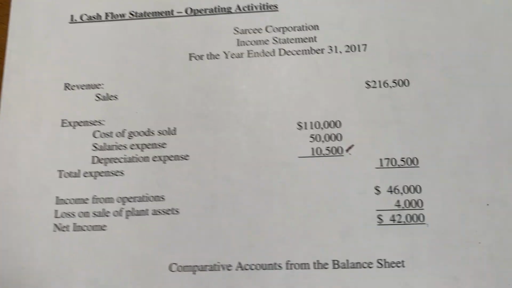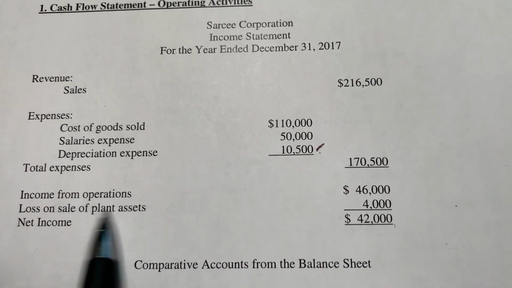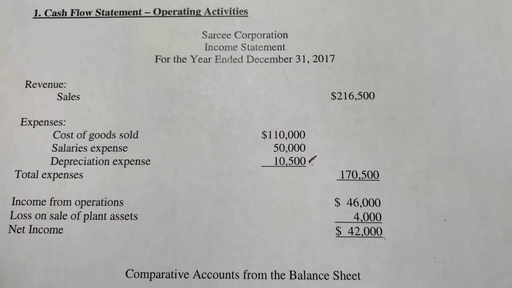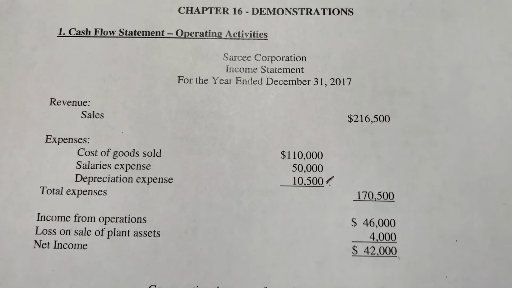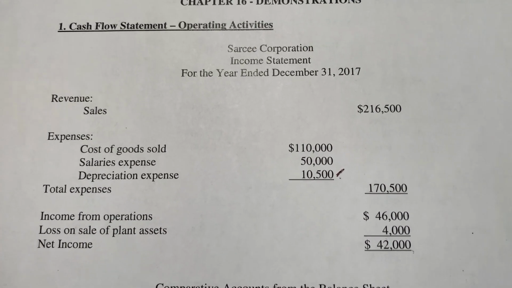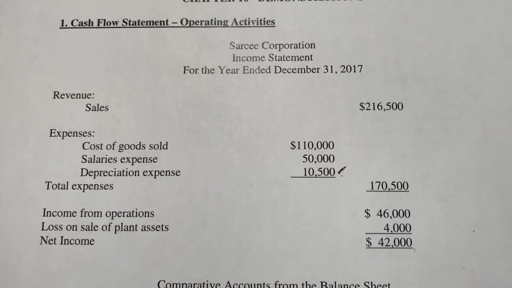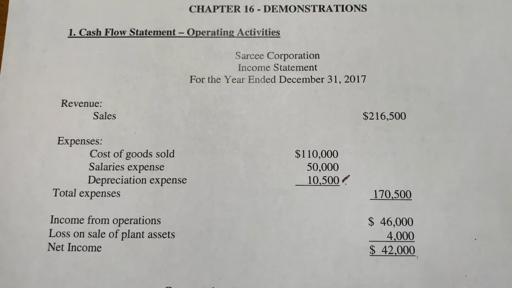Okay, what other non-cash items do we have on our income statement? Well, a loss or a gain on sale of an item, that's a non-cash item. This loss doesn't mean we necessarily had to give out an extra $4,000 in cash. It just means that what we received for that particular item was $4,000 less than its book value.